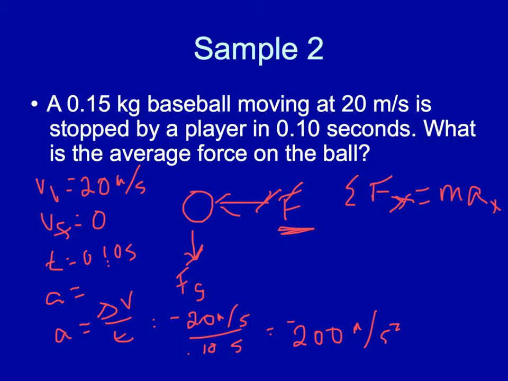Now we come up here and plug and chug. The sum of the forces in the x direction is going to equal 0.15 kg times 200 meters per second squared. Sorry, that's getting kind of ugly looking. 0.15 times 200 is 30 kilograms times meters divided by second squared. And again, that is a Newton.